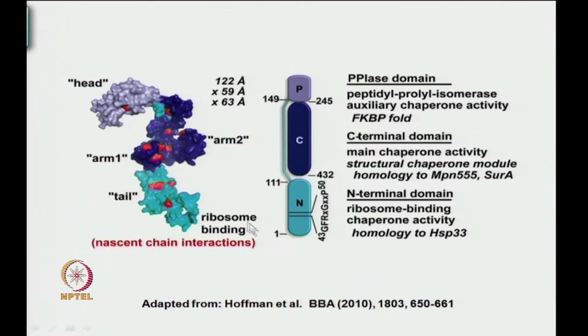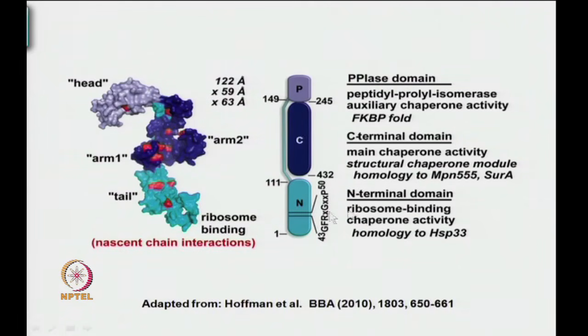So, this is in more detail about the structure of the trigger factor, and as I said, this is the head part, this portion is the middle part, and this portion is the tail part. If you look at the tail part, this is where it is written ribosome binding. So, this is the one which binds to the ribosome, right.